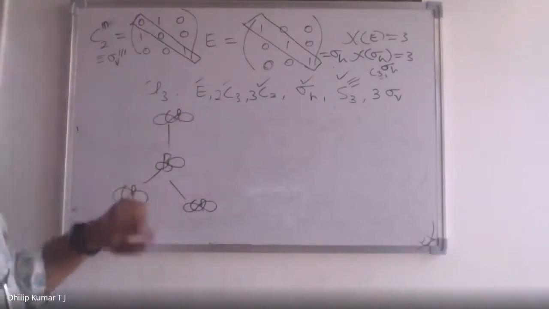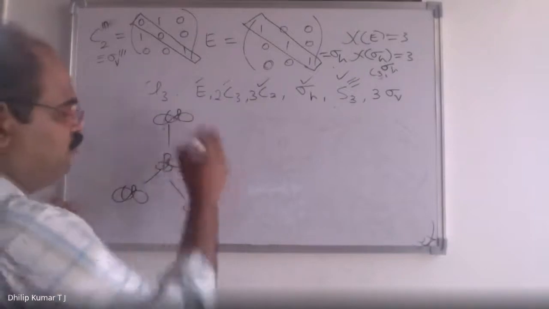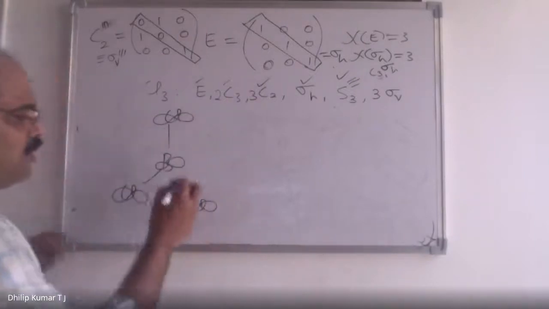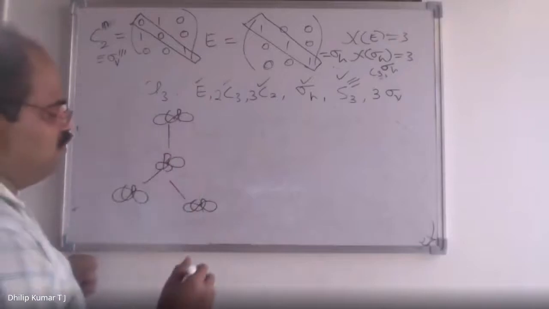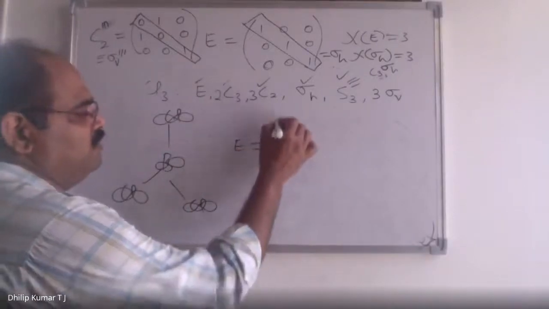So when you consider the p orbitals of these elements, there will be 4 p orbitals, right? So to know the bonding between these atoms, you will write the same matrix as a 4 by 4 matrix.